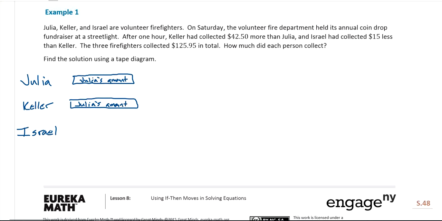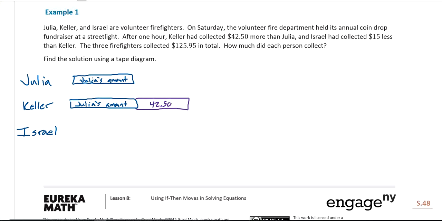but Keller collected $42.50 more than Julia. So I'm going to put another box on this that just shows that Keller collected the same amount as Julia plus $42.50 more. Well, nice.